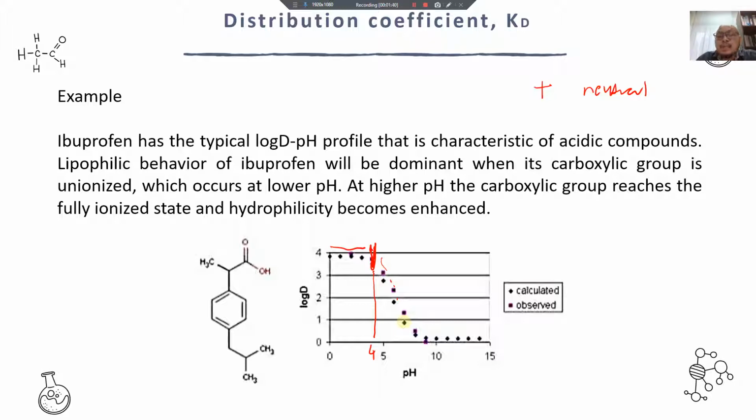It will lose one of its protons, so it is deprotonated, and then it becomes charged. So at high pH, the carboxylic group reaches the fully ionized state, and hydrophilicity becomes enhanced. If we understand the concept of ionization, the ionized compound is actually more hydrophilic, they are water lovers. The same goes for ibuprofen here.